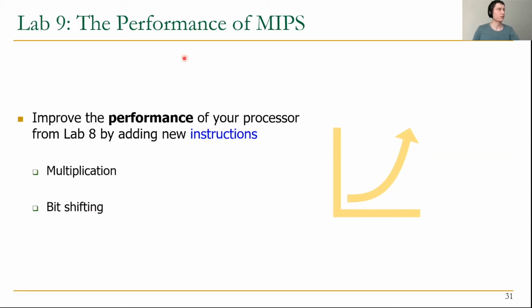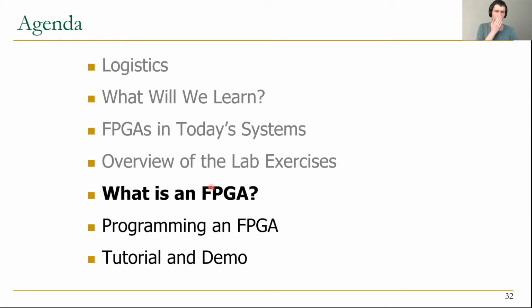But in lab 9, we will implement these two instructions to make things faster, to perform the multiplications much faster than we can do with addition, for example, by running addition multiple times.